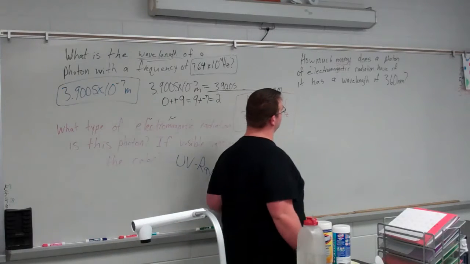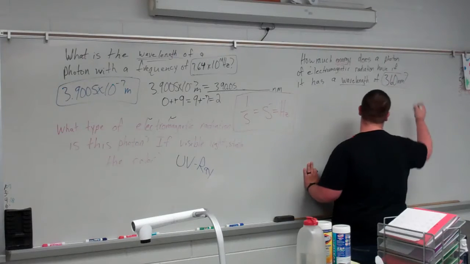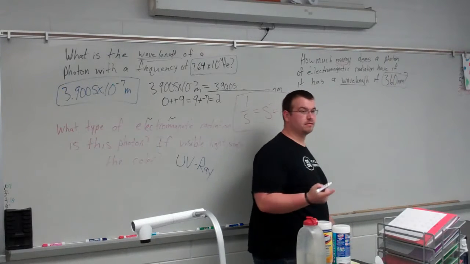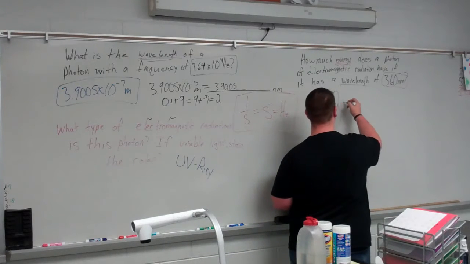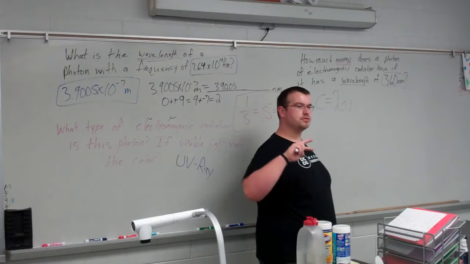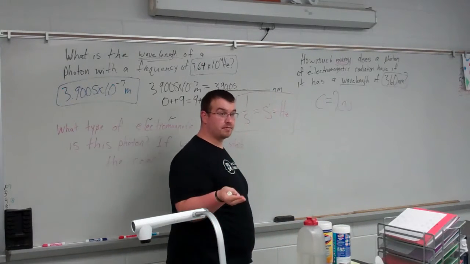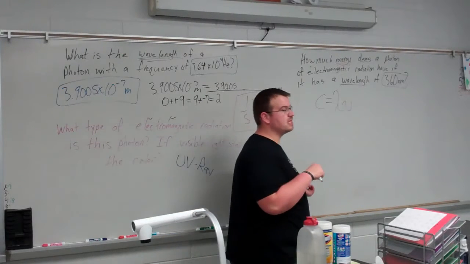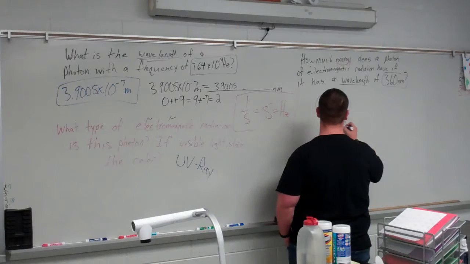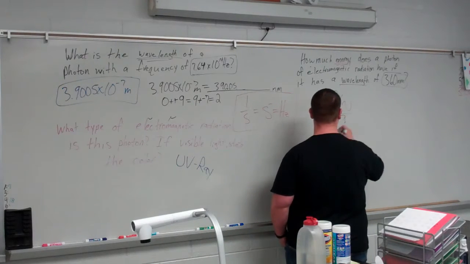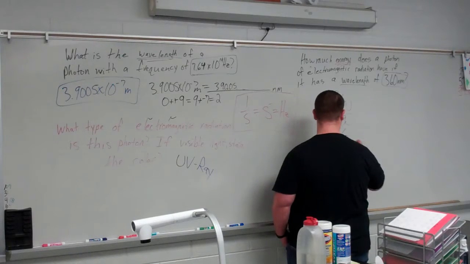All right, so the first thing you're going to do is, where do I start you at? It starts you with wavelength, so you have to use the equation that uses wavelength. Speed of light equals wavelength times frequency. How are the two equations joined? What do they share in common? Frequency. So we have to solve for frequency and then we can find energy. So divide both sides by wavelength. So frequency equals speed of light divided by wavelength.